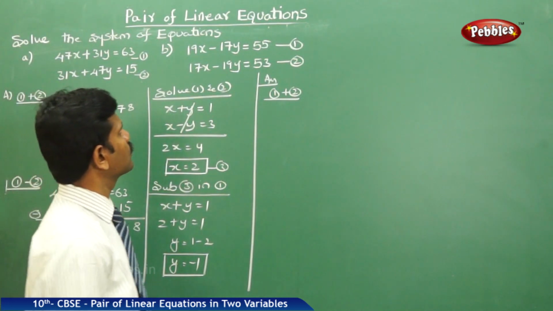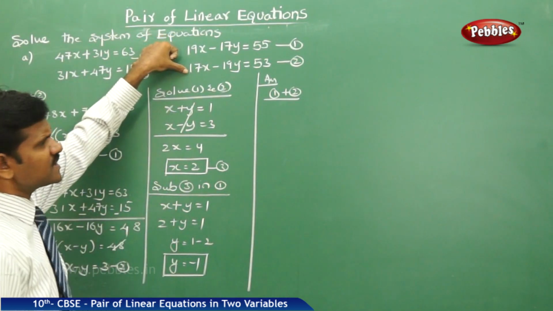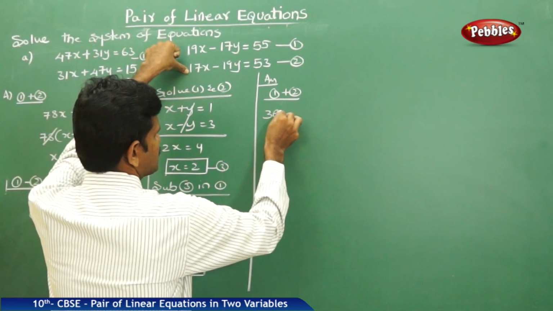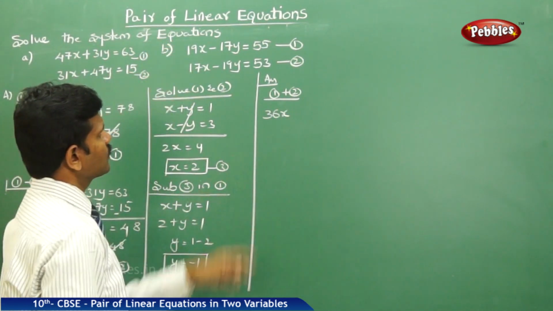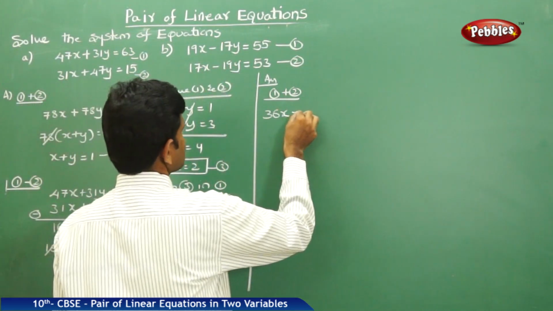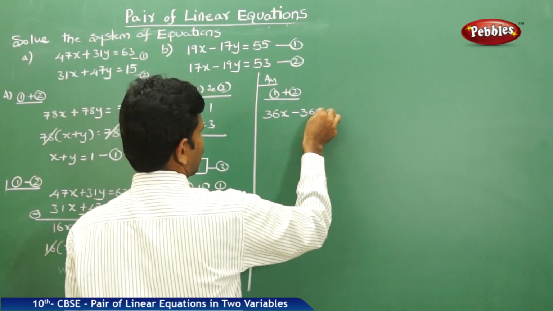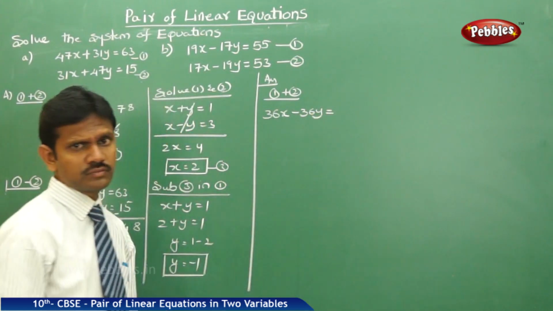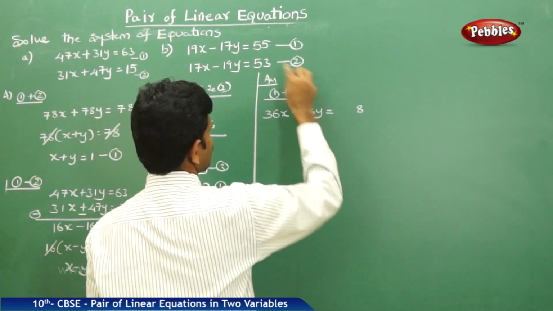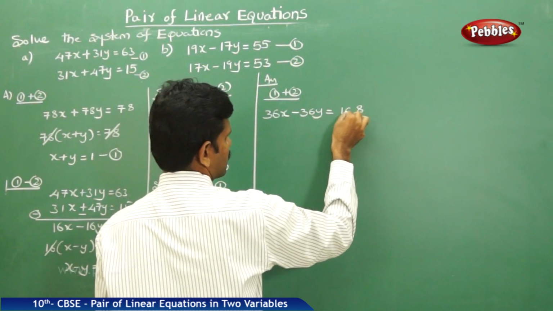That is 19 plus 17, 36x. Now both are negative signs. Minus 36y is equal to, add 5 plus 3, 8, 5 plus 5, 10. That is 108.